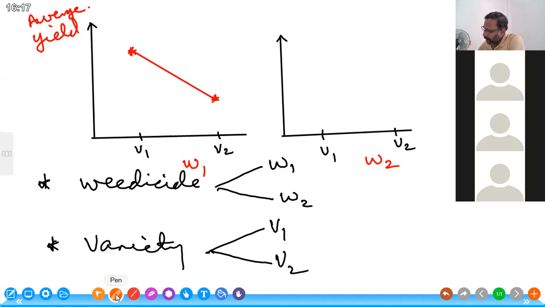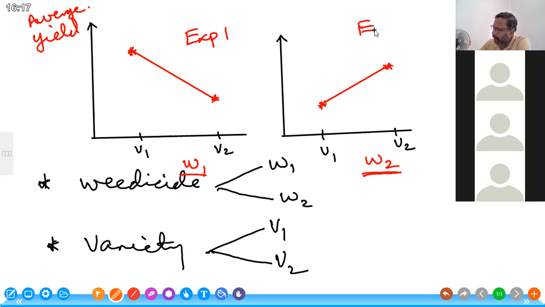Similarly, I got low yield for variety 1 and high yield for variety 2 under the second we decide, W2. Clear? So this is experiment 1.